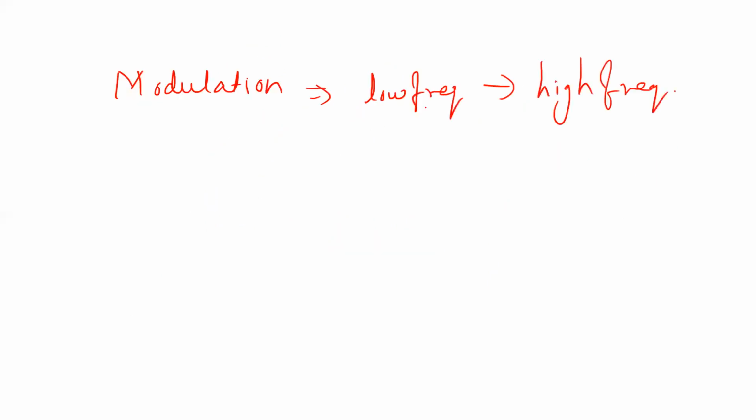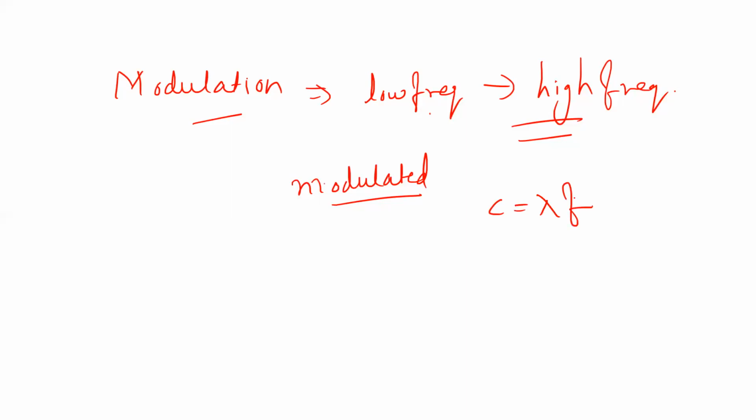So ultimately the modulated signal will have a high frequency. So modulation is the process of going from lower frequency to higher frequency. Do you know this formula, c is equal to lambda into f? So what will lambda be equal to? c by f, right?